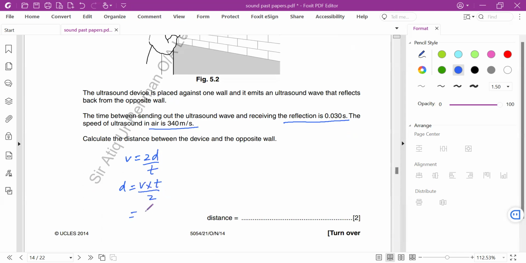So v is 340 multiplied by t, which is 0.03, divided by 2. That is 5.1 meter.